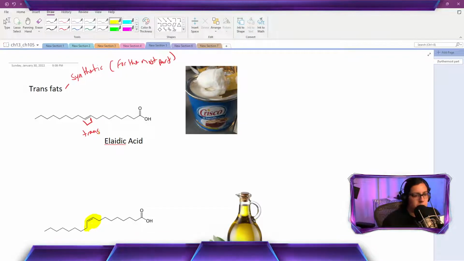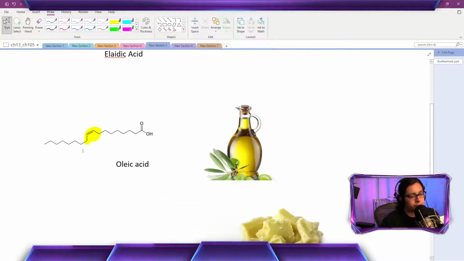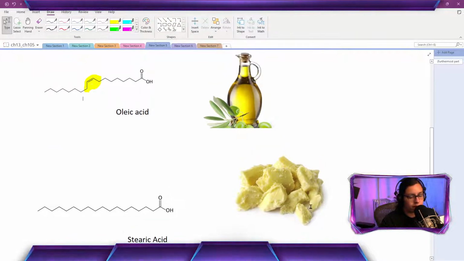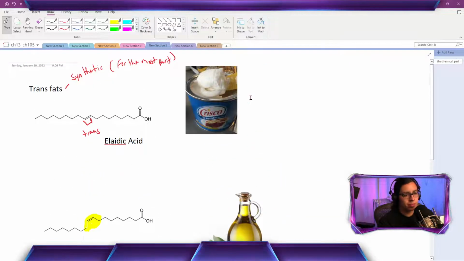And so if you're comparing a trans Crisco versus just animal fat that's natural and naturally saturated, people would argue that the animal fat is actually healthier because of this trans double bond here. And so there's, again, our stearic acid for comparison. So it's going to be a solid compared to our Crisco there.